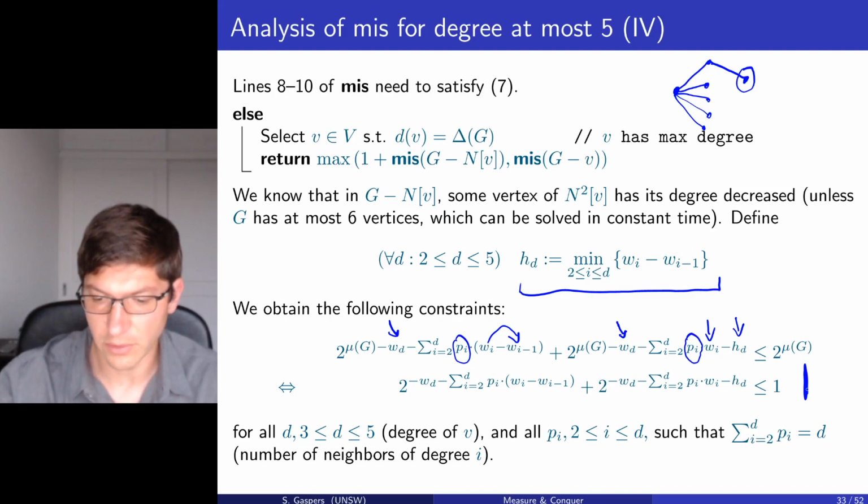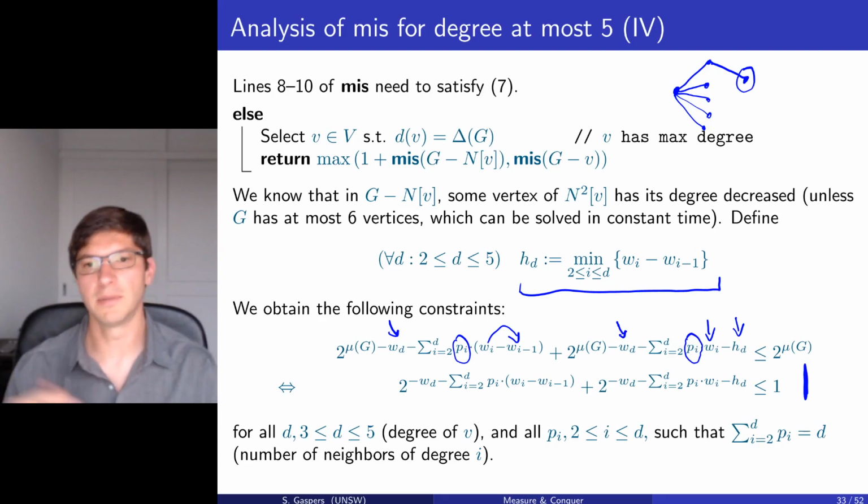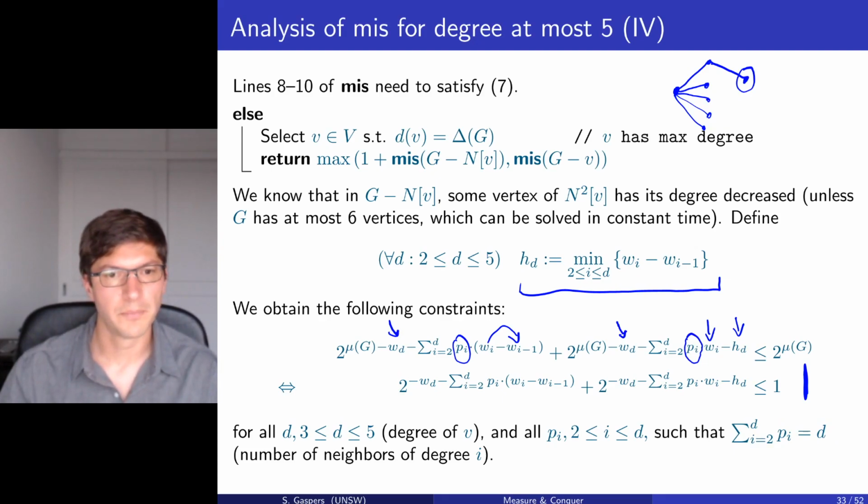And all of these Pi's together should sum up to exactly D, because V has D neighbors and Pi denotes the number of neighbors of V of degree I. So we get this set of constraints.